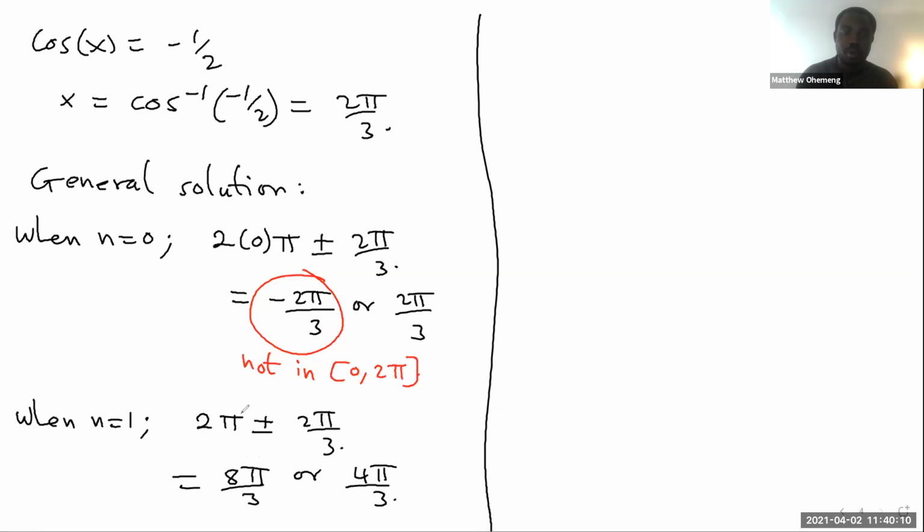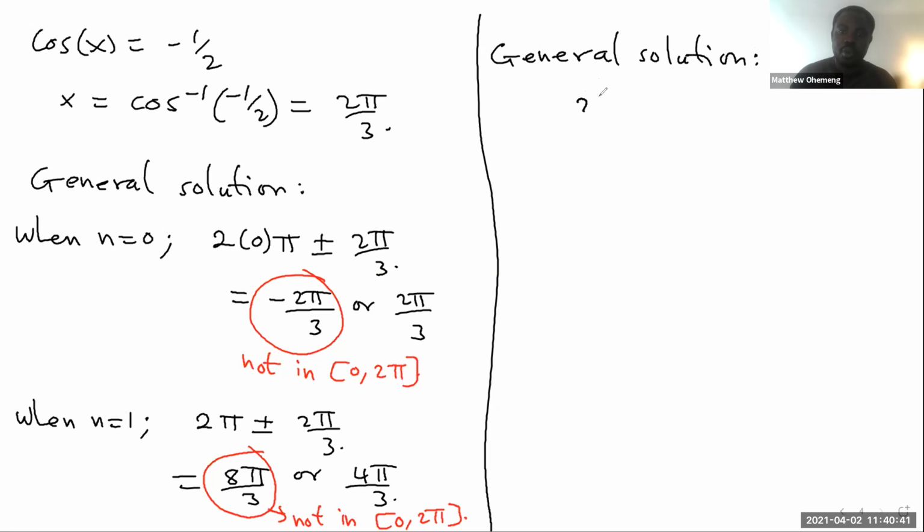Now, once more, this 8 pi on 3 will not be in the interval, so we ignore it and accept 4 pi on 3. If you move on to n equal to 2, the answers will not lie in the interval. For n greater than or equal to 2, all the answers will be outside the interval. So the only solutions are 2 pi on 3 and 4 pi on 3.